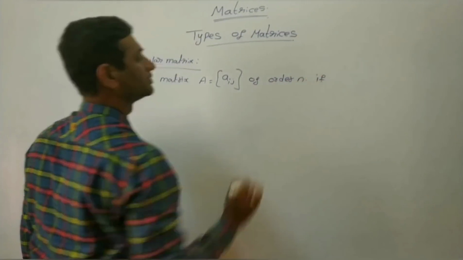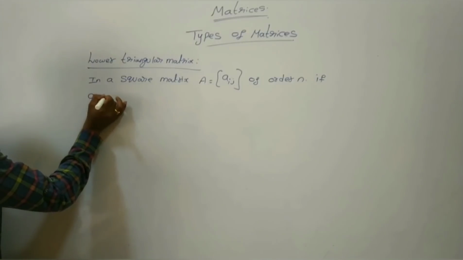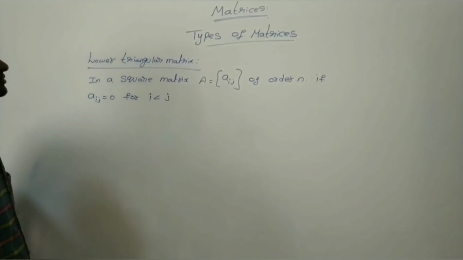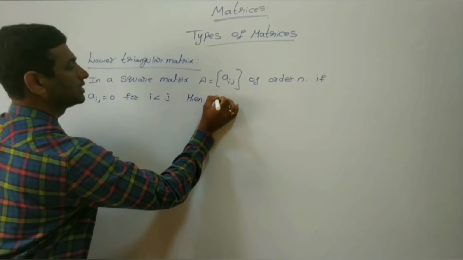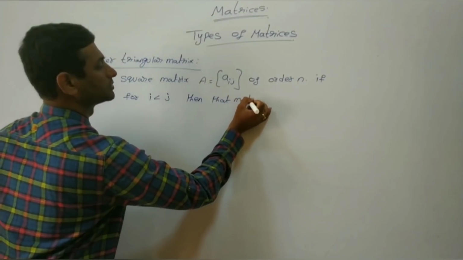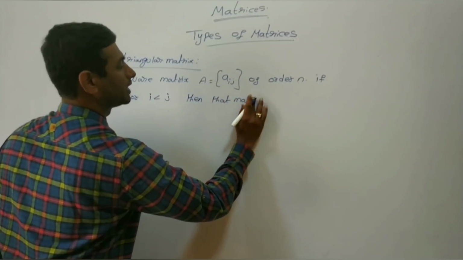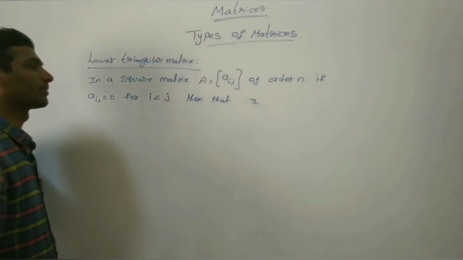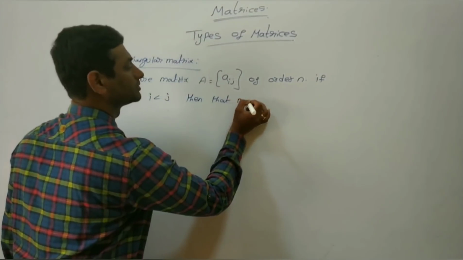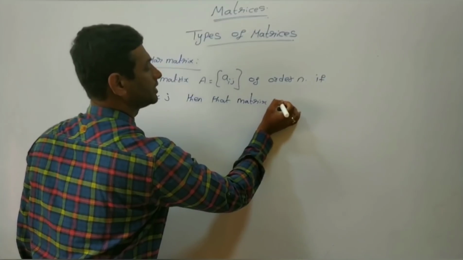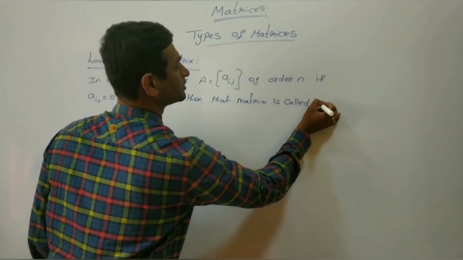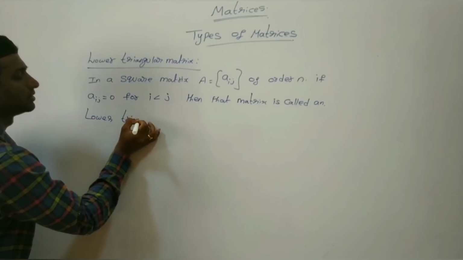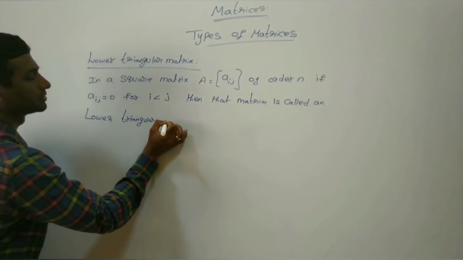If Aij is equal to 0 for i is less than j, then that matrix is called a lower triangular matrix.